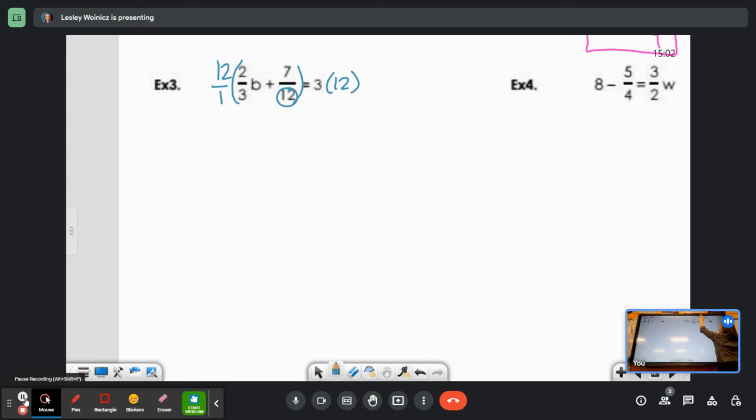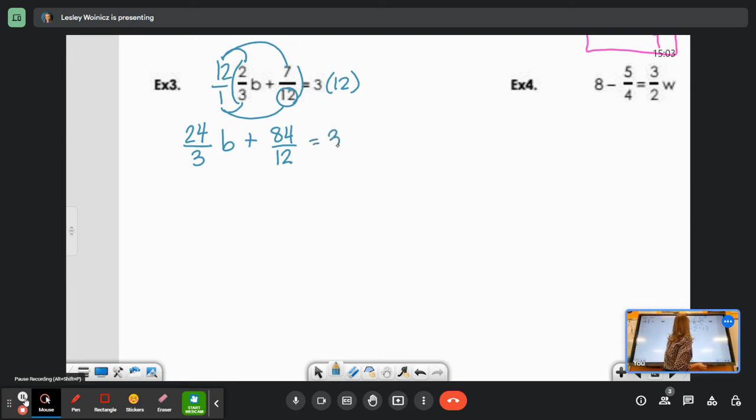Okay, so I'm doing 12 times 2, that's 24. 1 times 3 is 3. Bring down my b, bring down my plus. 12 times 7. Woo! I know what it is now, but I've already done this problem twice today. I get 84. And then 12 times 1 is 12. 3 times 12, 36.